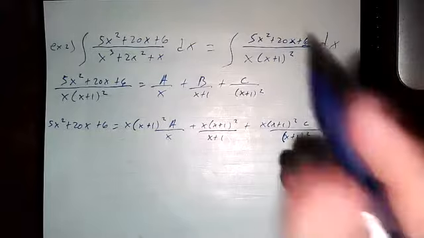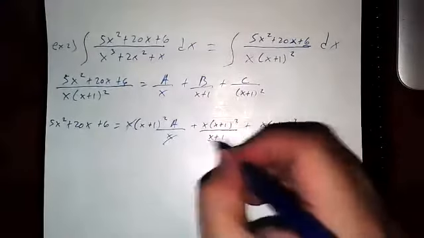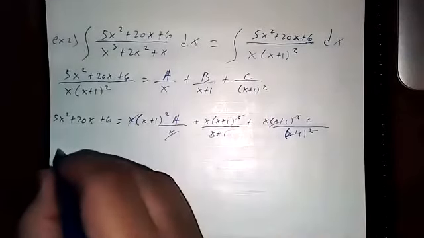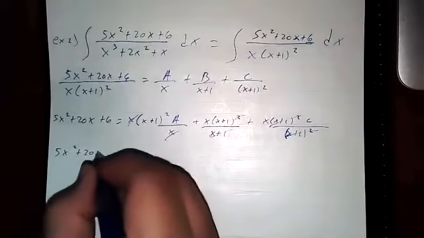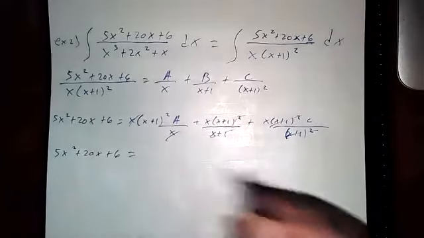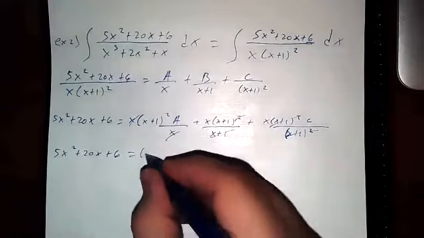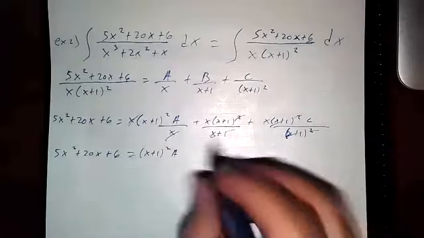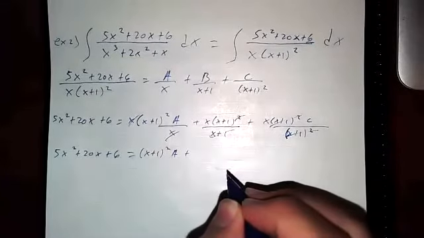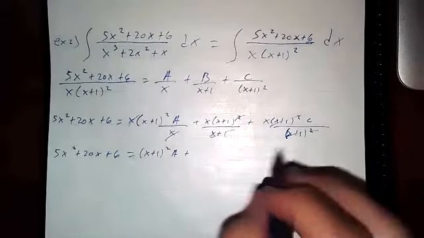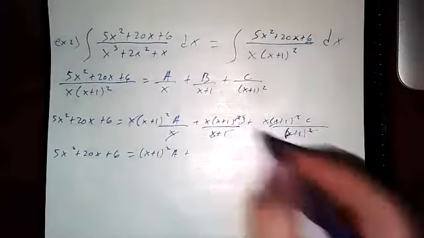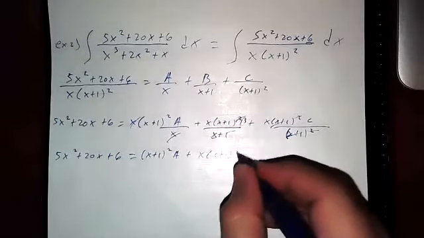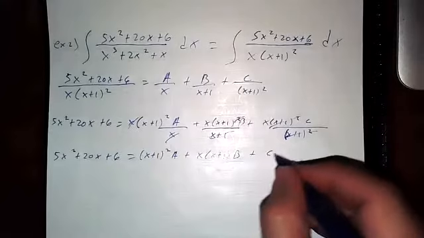Okay, so as you can see, the x will cancel, one of these will cancel, all of these will cancel, leaving you with 5x squared plus 20x plus 6, which is equal to x plus 1 squared times a plus, sorry, I forgot my b, didn't I? x times x plus 1 times b plus cx.